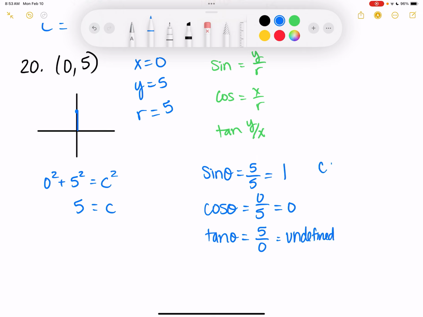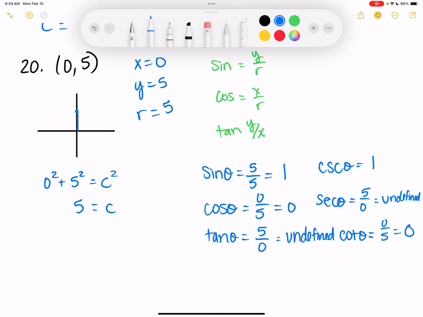So then cosecant is this flipped, so 5 over 5, which just ends up being 1. Now secant is 5 over 0, which is again undefined. And then, I don't really have room here, but cotangent is 0 over 5, which is 0.